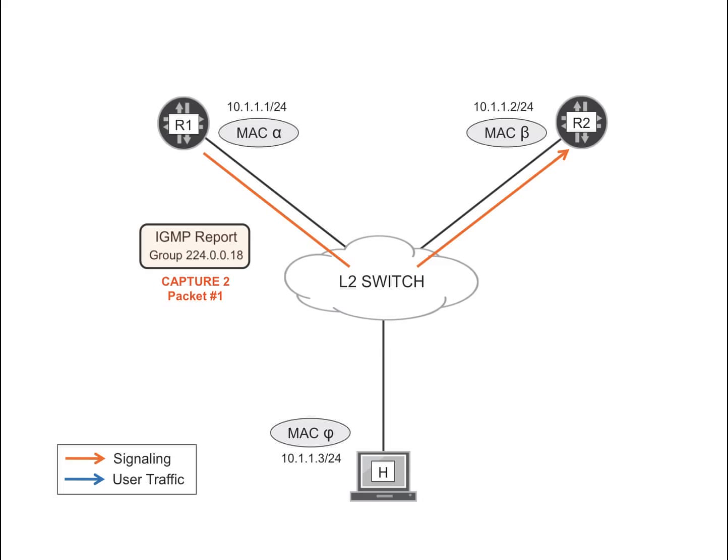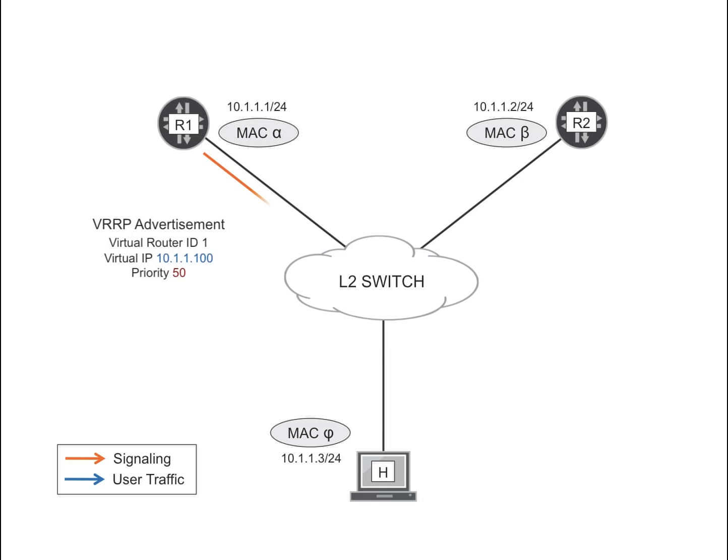Let's suppose that the layer 2 switch supports IGMP snooping. In that case, the layer 2 switch notes that router 1 is interested in receiving Ethernet frames whose destination MAC address is the one mapped from 224.0.0.18. After waiting for a few seconds, router 1 doesn't receive any VRRP packets, so it becomes the VRRP master.